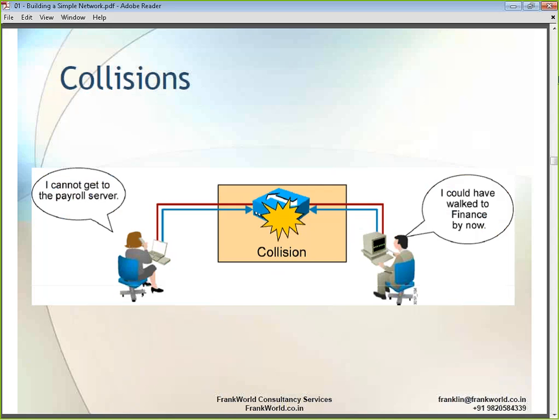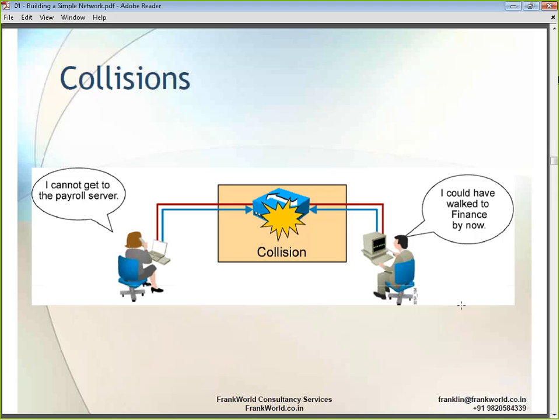Now, whenever I talk about a hub or a switch, typically I may have all these computers or all these devices connected to each other via the hub or the switch. Sometimes it might happen that, let's say we take an example wherein we have these devices and both of these devices are simultaneously sending data to each other.